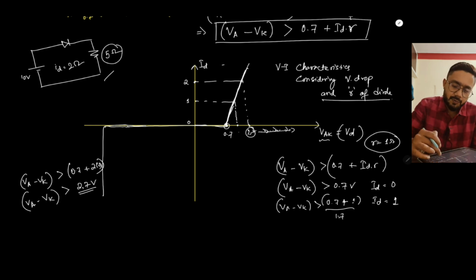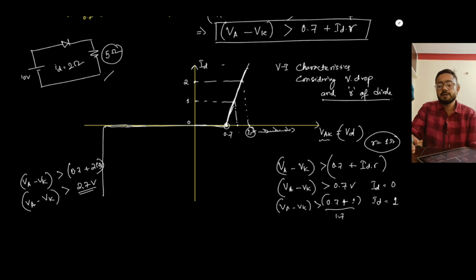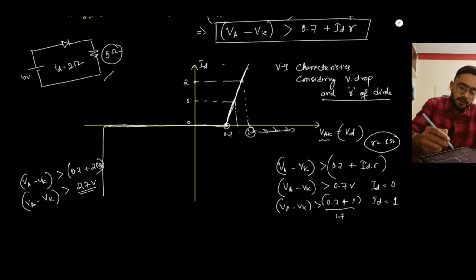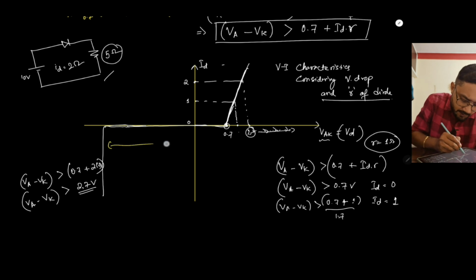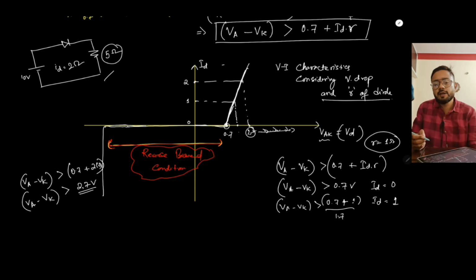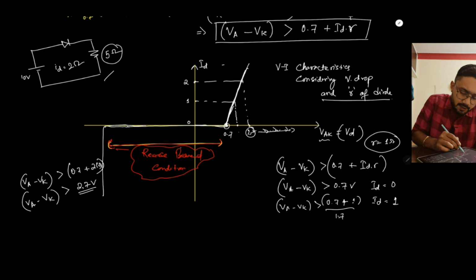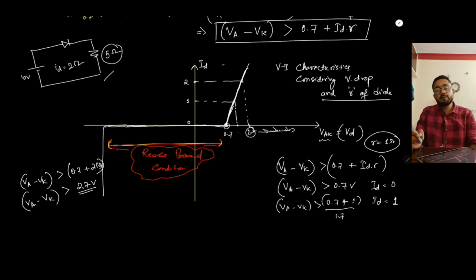So in practical diodes, just one more thing we need to consider, that is the reverse saturation current. So what is reverse saturation current? So see, in this region the diode is in reverse biased condition. That's why the diode is not allowing the current to flow. This region is in a reverse bias condition, and what we expect during the reverse bias condition is that the diode does not allow the current to flow.